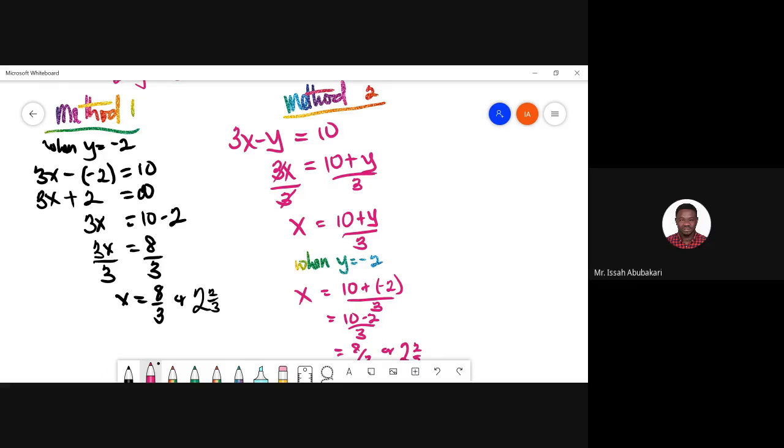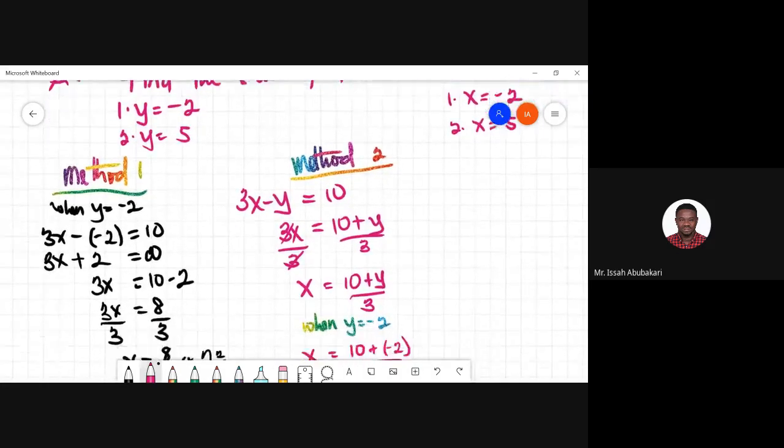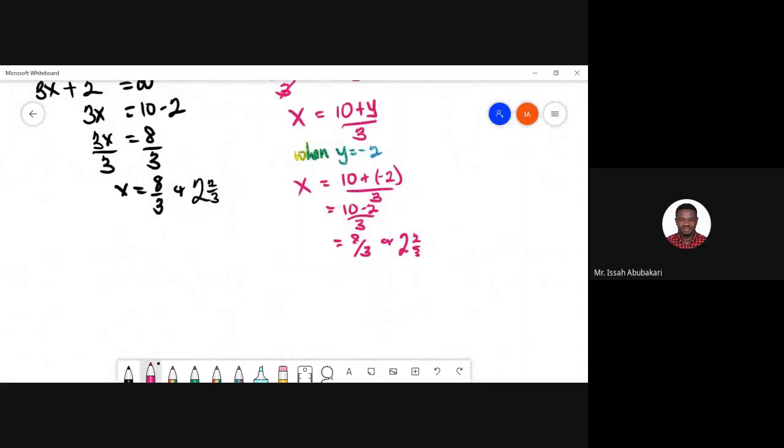Now let's solve the second part of the question, which says y is equal to what? 5. So when y is equal to positive 5, we are going to get x to be equal to 10 plus positive 5 divided by 3.